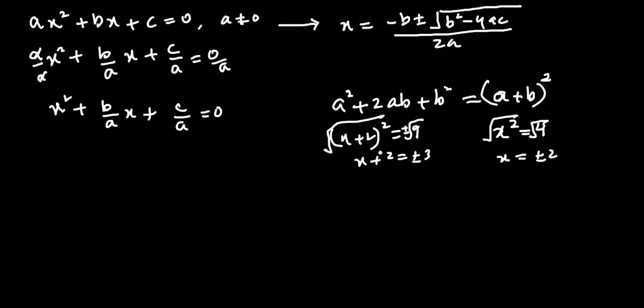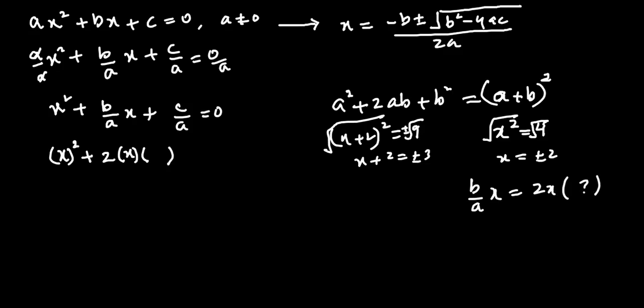So we will try to convert our problem into the completing square form. We have the first term x, which is squared, plus 2 times the first term, and we don't know the second term here. We have to find the second term so that we have b over a x.